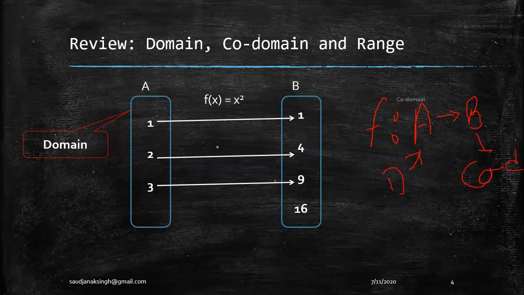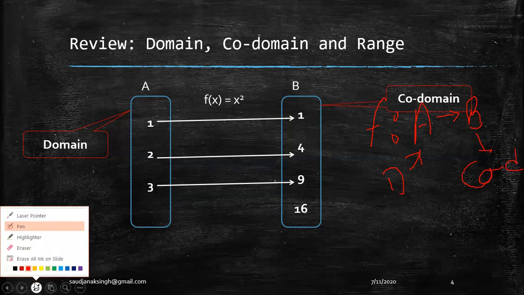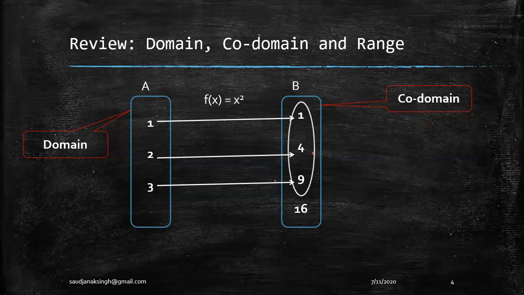Set B is the codomain, and the range is the set of images. 1, 4, and 9 are the images of 1, 2, and 3 respectively. That set is the range.